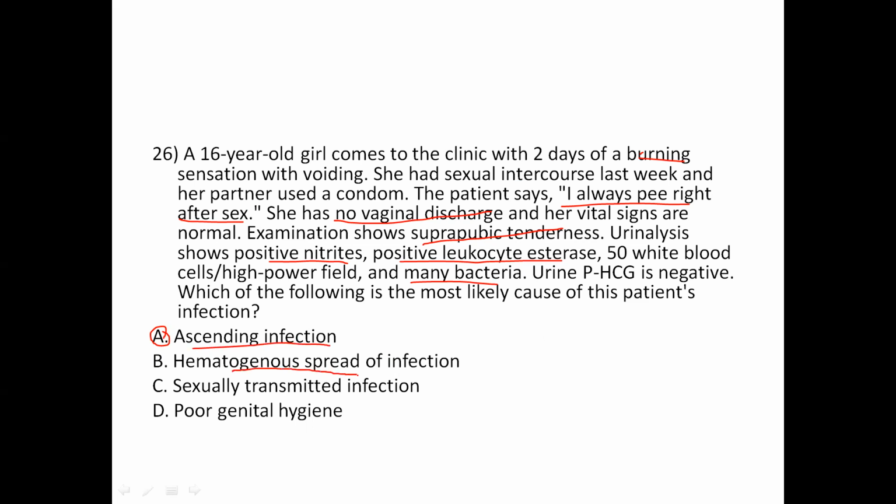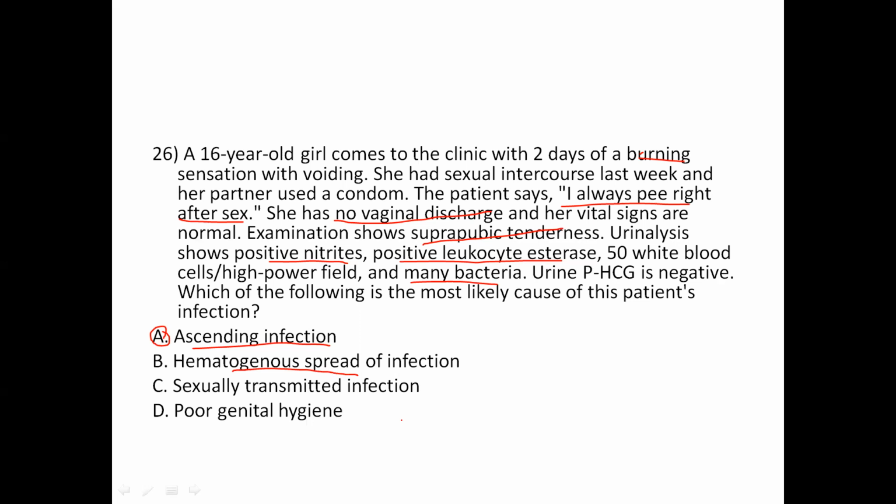Hematogenous spread is not. Urinary tract infection caused by hematogenous spread is for those patients who are elderly and also debilitated patients like diabetics and others. For poor genital hygiene, the question doesn't tell the hygiene status of the patient.